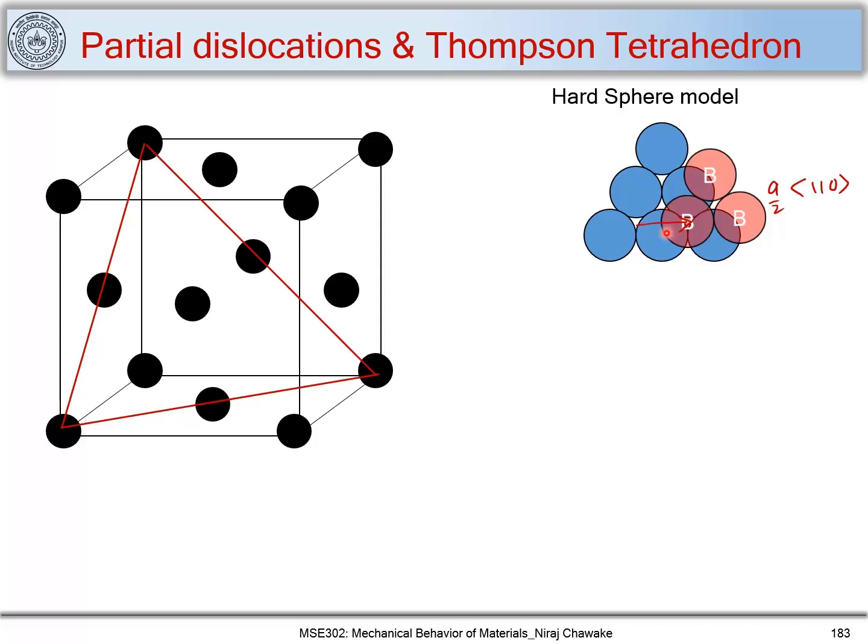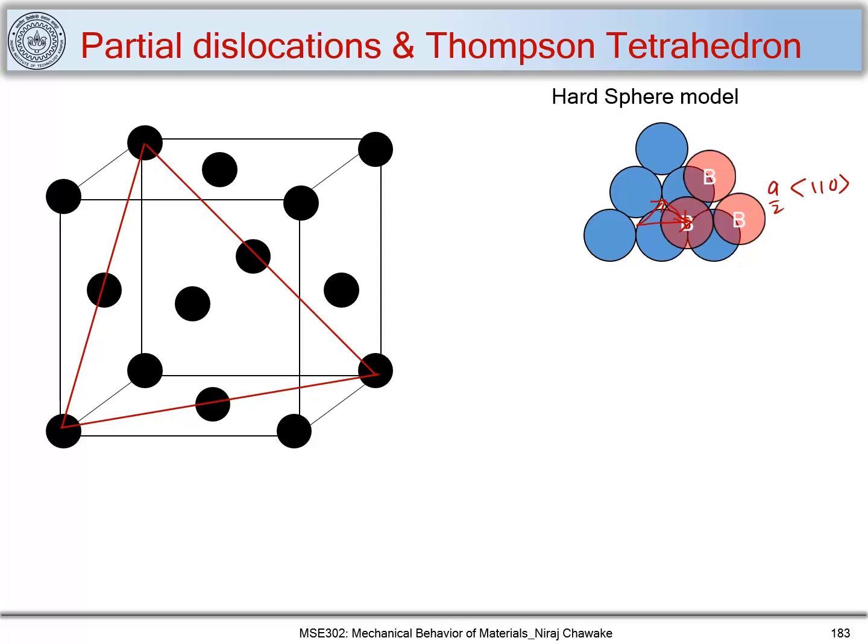However, if you consider the hard sphere model, this translation of B atoms, or gliding of B atoms over A atoms, will not occur in this fashion; rather, it occurs in this fashion. So you can say that these atoms move from this position to this position, and this position to this position.